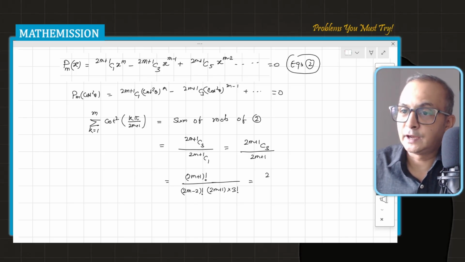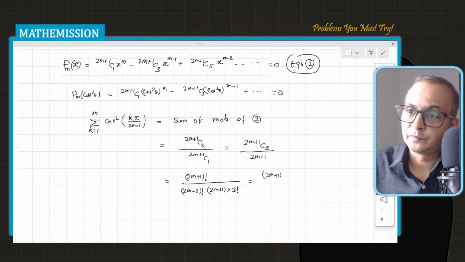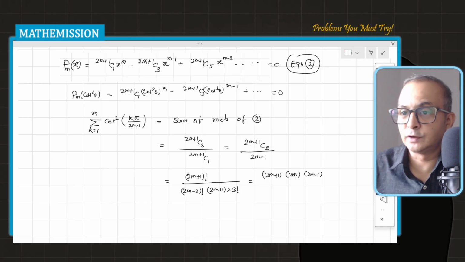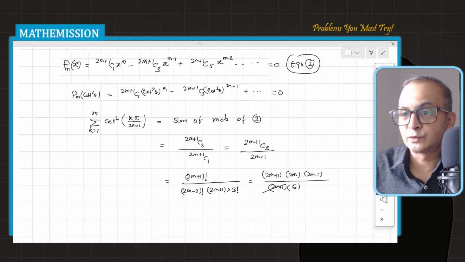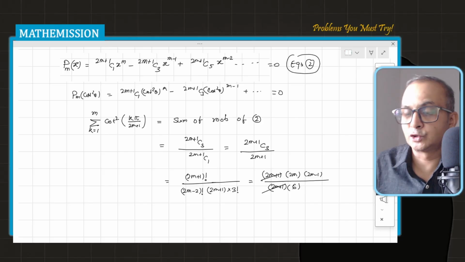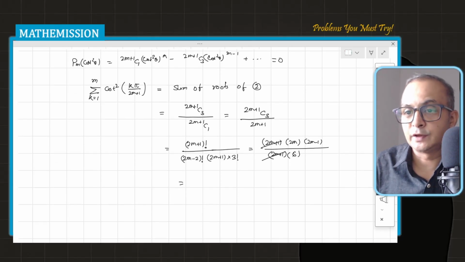So what we get now is 2m plus 1, then 2m, then 2m minus 1, and 2m minus 2 factorial will go away, and here I have 2m plus 1, and then 3 times 2, that is 6. Here 2m plus 1 cancels, and 2 will also cancel this 6. So we get m into 2m minus 1 by 3.